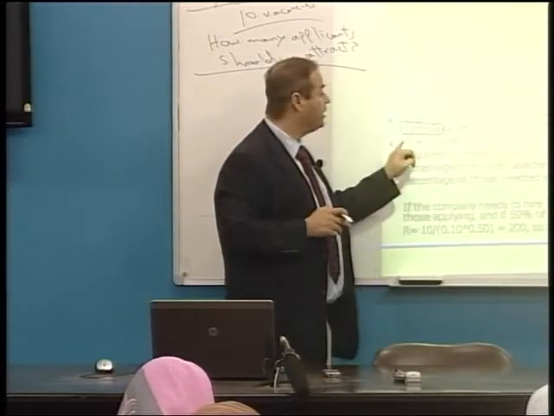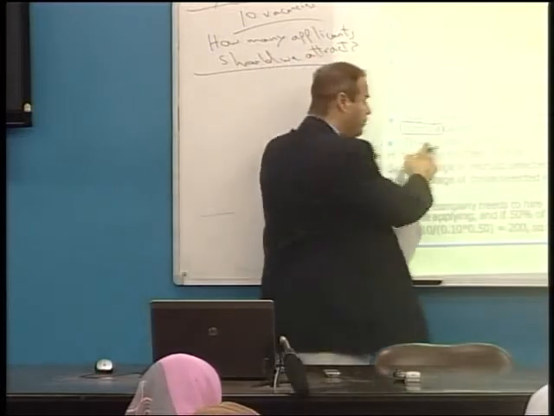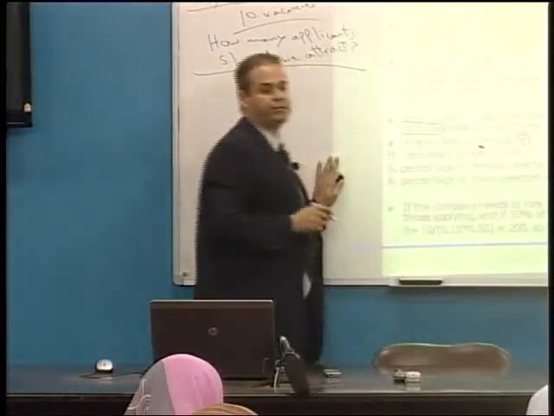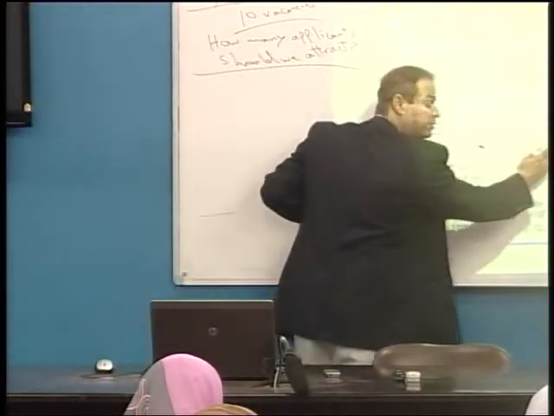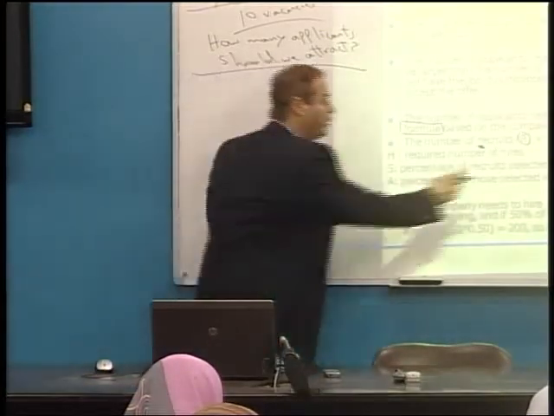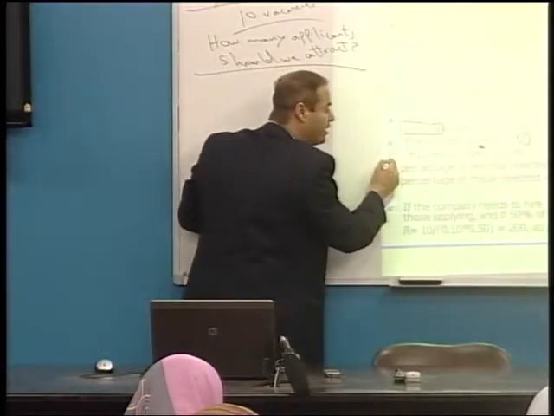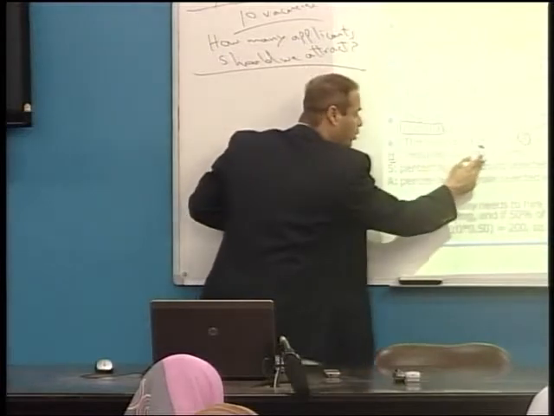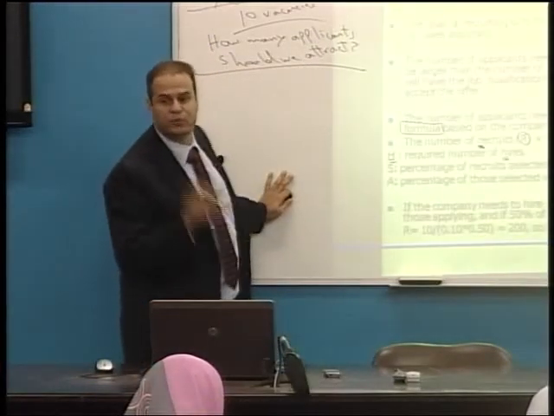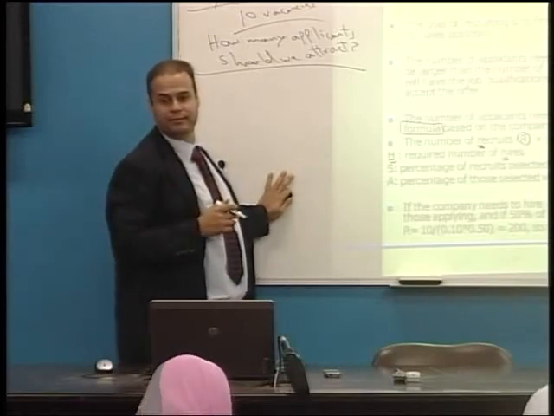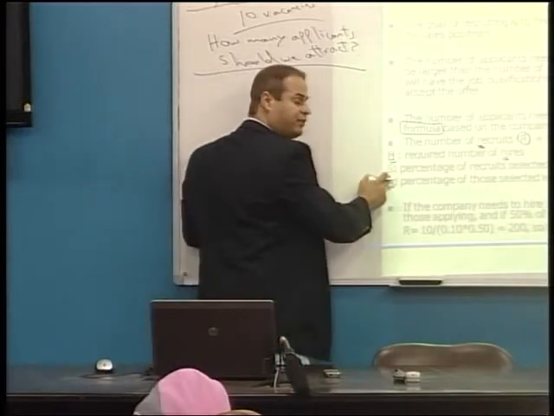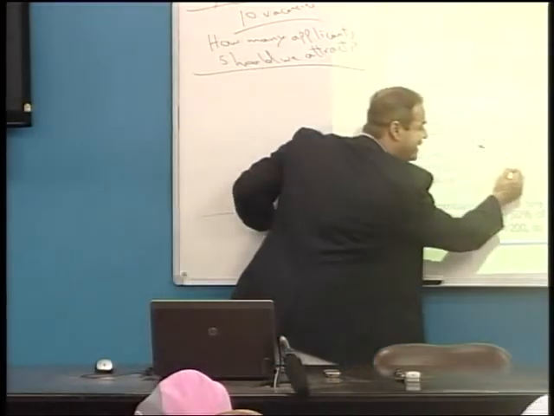The number of recruits, abbreviated as R, equals H divided by S multiplied by A. Now, H refers to the required number of hires, which are the vacancies. S refers to the percentage of the recruits selected.